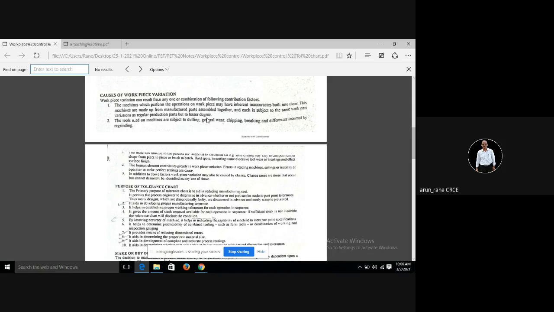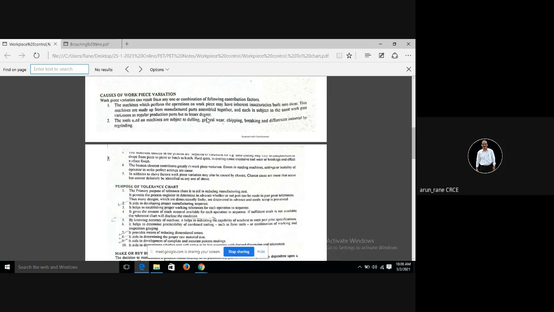If not 1/10, then at least 1/5 should be there. That is, 0.02 divided by 5. How much does it come to?